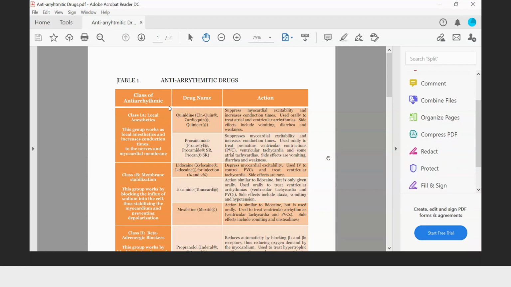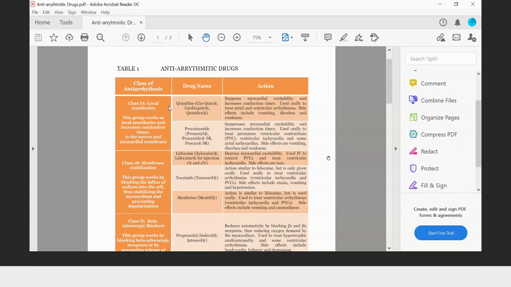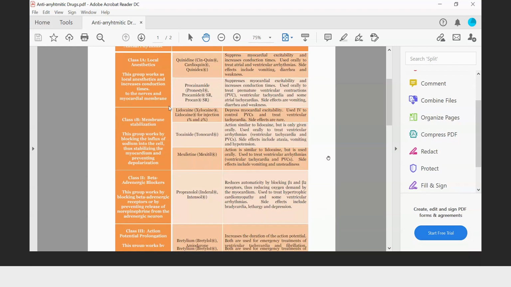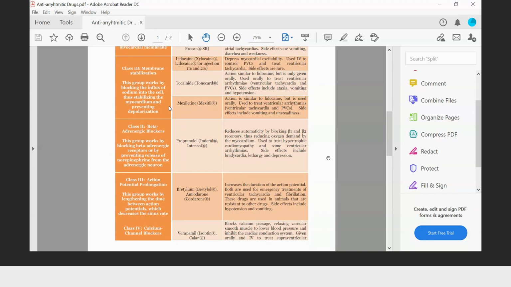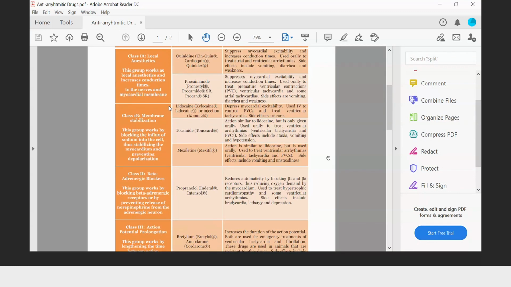Okay, so we have anti-arrhythmic drugs. We have class 1A, class 1B, class 2, class 3, and class 4. How they give them classes is based on the action they have.